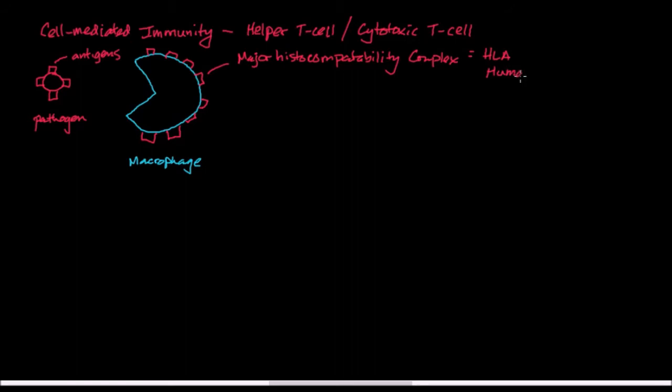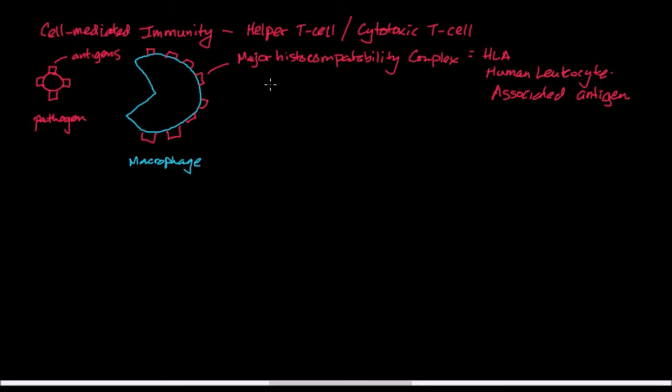Human leukocyte associated antigen. So when this macrophage eats this pathogen, it displays the antigens of that pathogen on its surface on a major histocompatibility complex called the human leukocyte associated antigen.